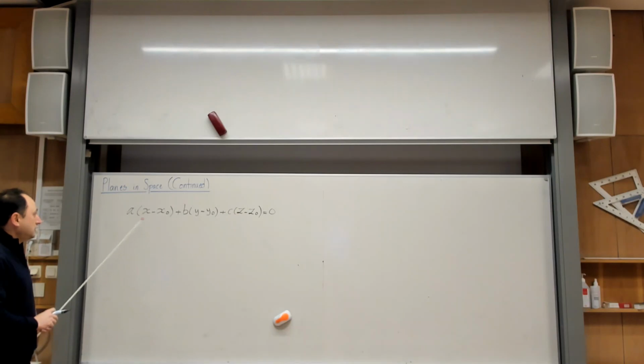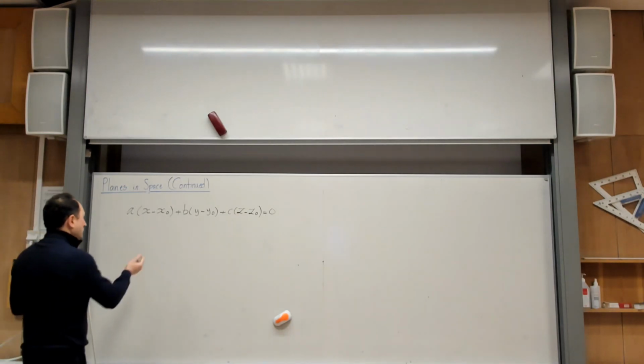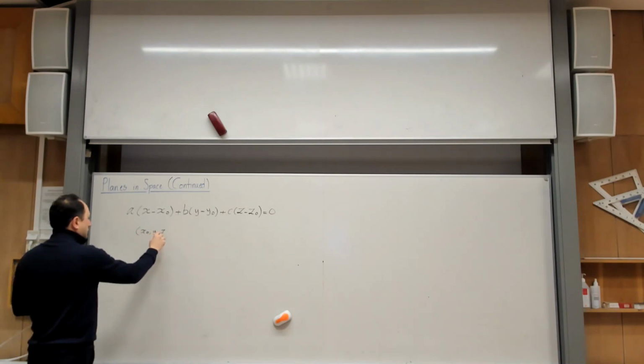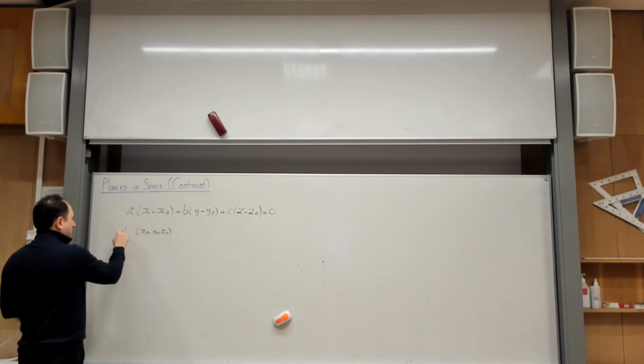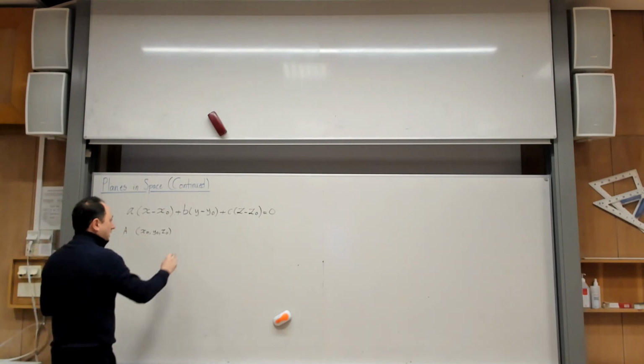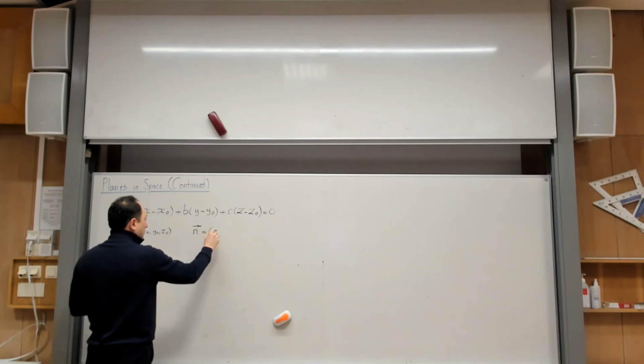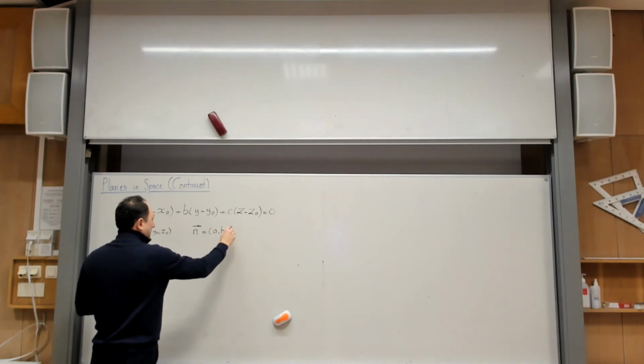This was an equation for the plane that passes through a point with coordinates x naught, y naught, and z naught. That is some point, let us call it A, and is perpendicular to a vector n with components A, B, and C. Yes?